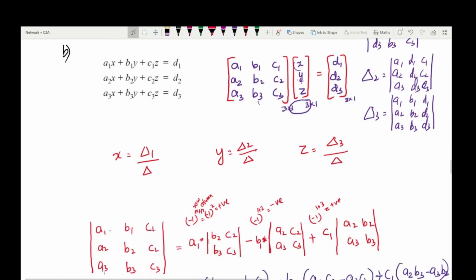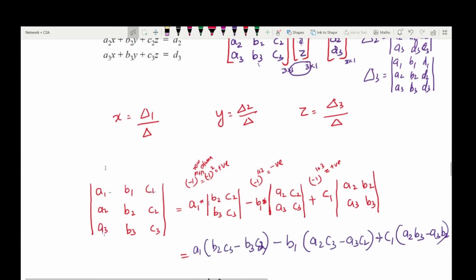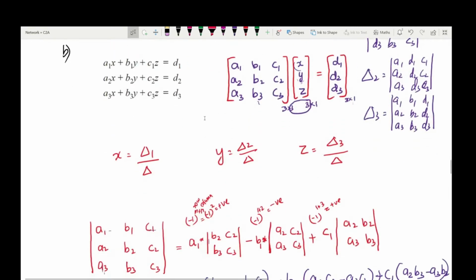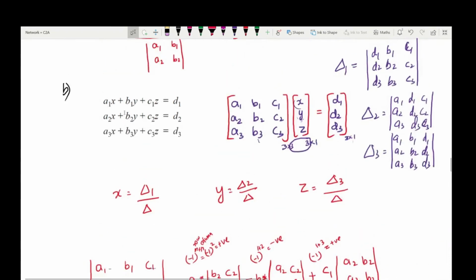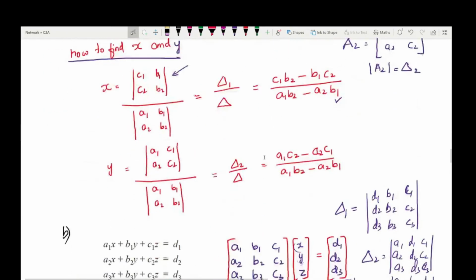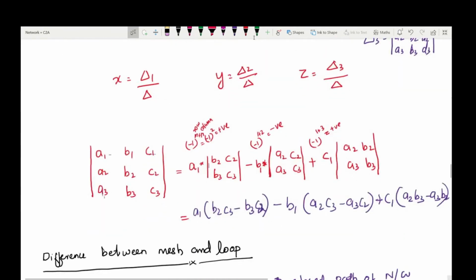In order to see that, let's look at the determinant of this matrix. Delta only I am showing over here. This is our matrix, the characteristic matrix. Suppose we need to find the determinant of this matrix, how to do that? In general, A1 into, when we are considering this A1, we need to remove this row and column.